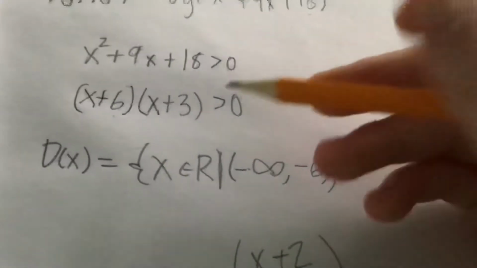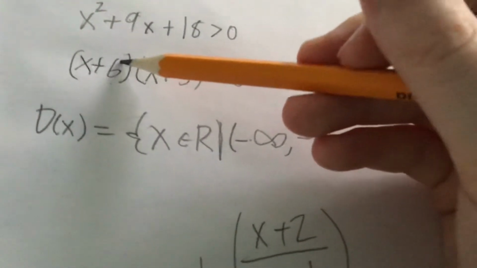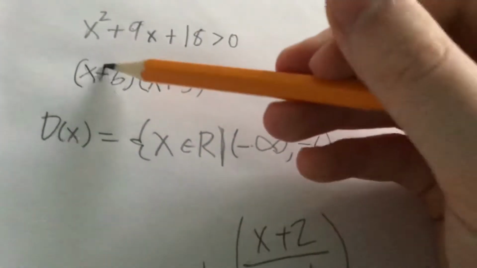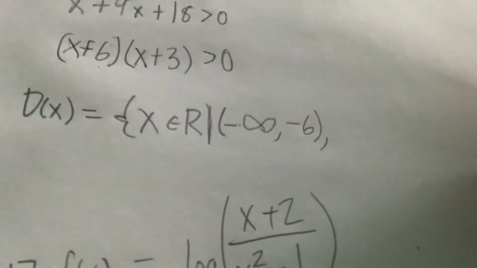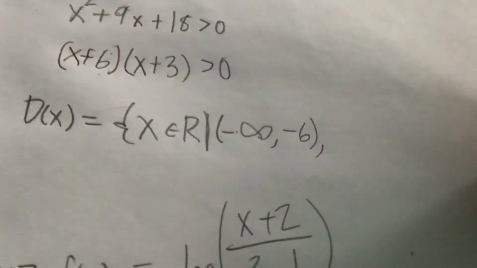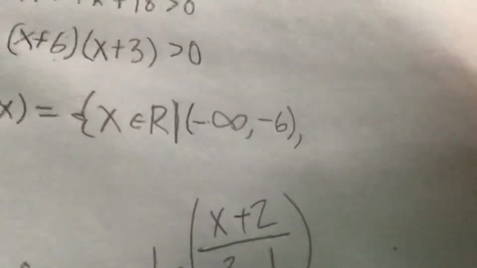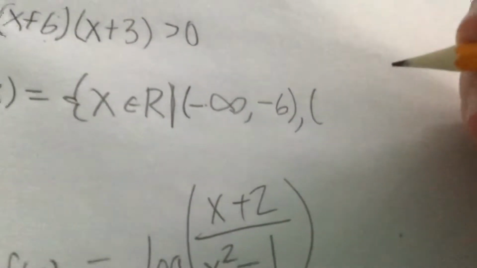Then, see, this is what I got over here. When we plot this, we plot it as negative... I don't remember off the top of my mind, but that's how quadratics are.